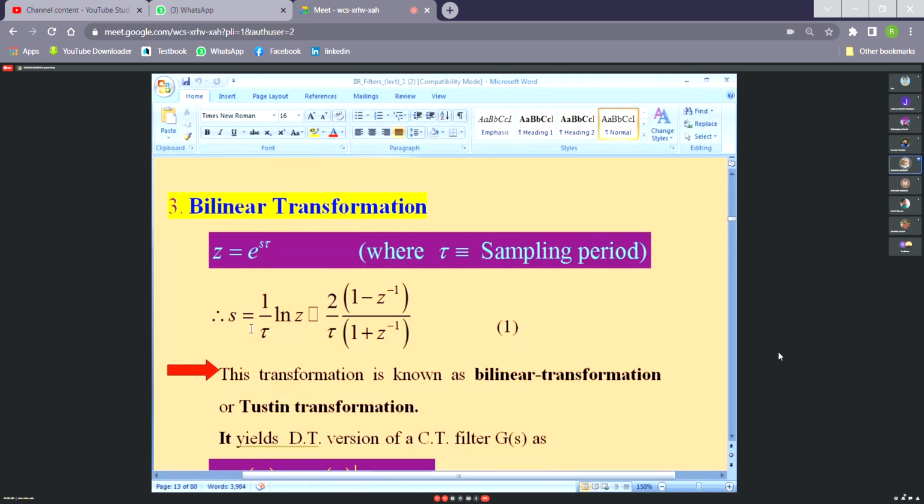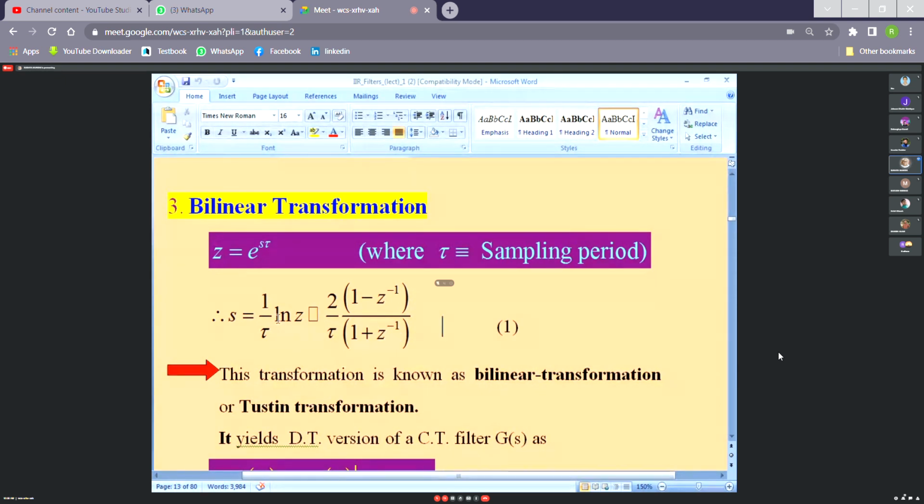Therefore, S is equal to 1 by tau natural logarithm of Z. There is a version mismatch, so that's why here a box has come in. This should actually be approximately equal to 1 by tau natural logarithm of Z, approximately equal to 2 by tau times (1 minus Z to the power minus 1) by (1 plus Z to the power minus 1).